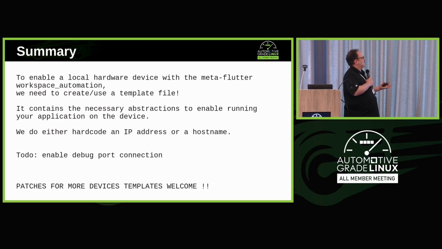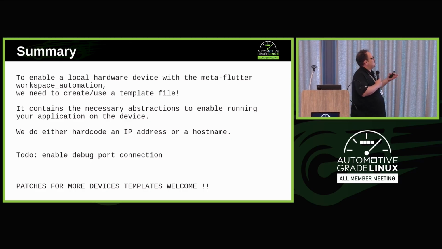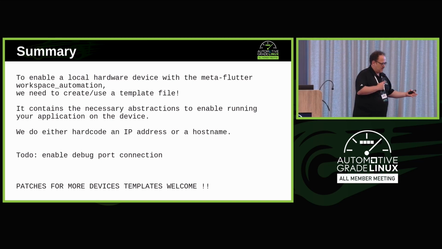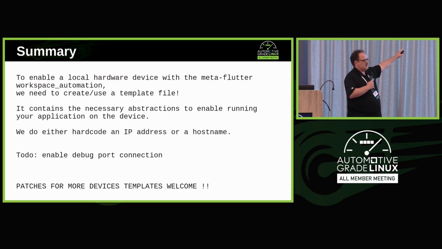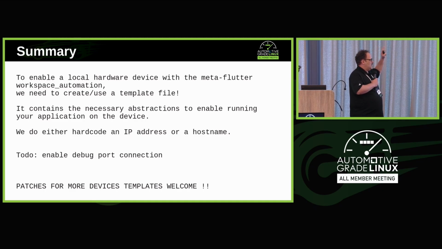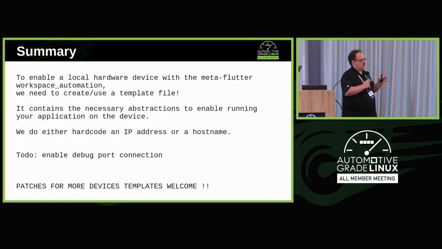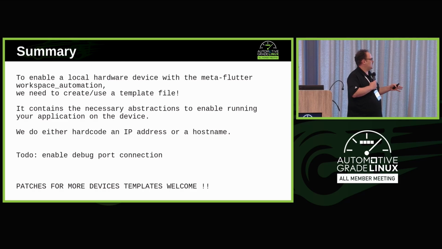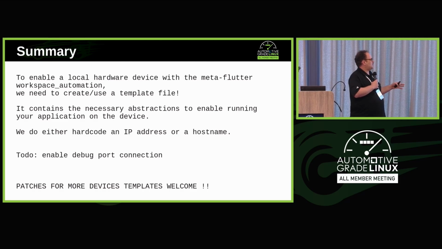So, in summary, to enable the local hardware, we need to create a template file. An example for the Pi is given here. We need to define either a host name or an IP address. I went with a host name and edited my host file to include that.